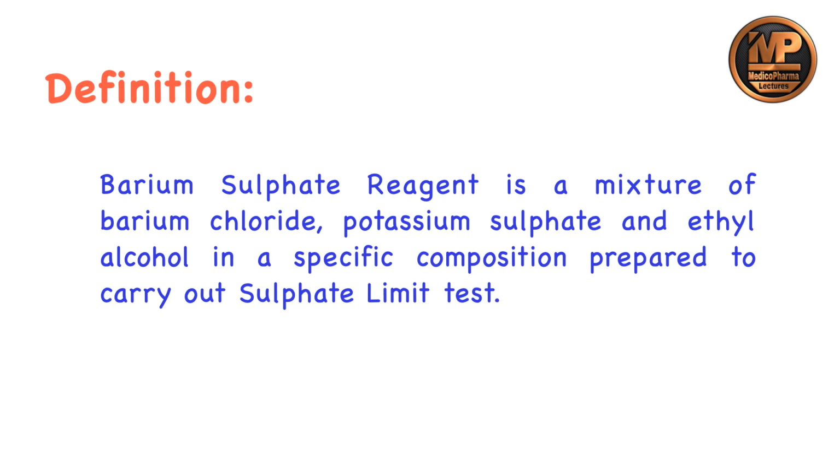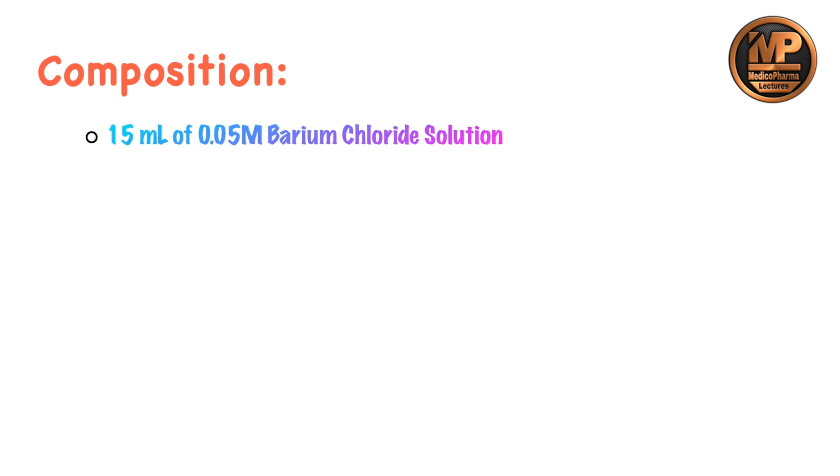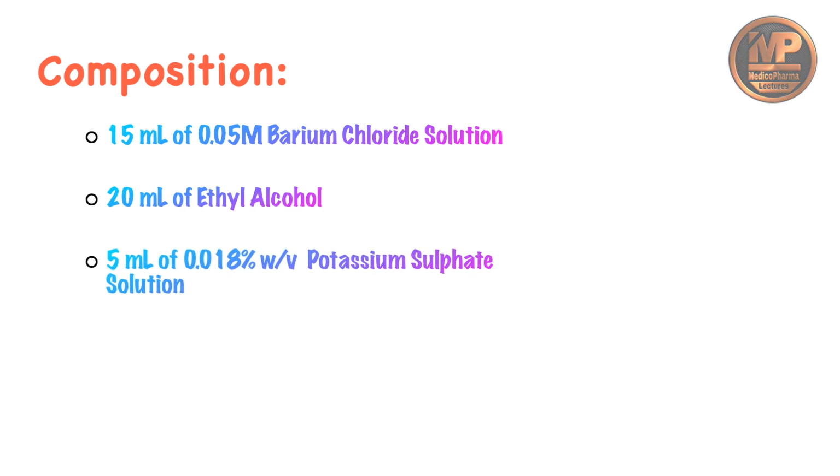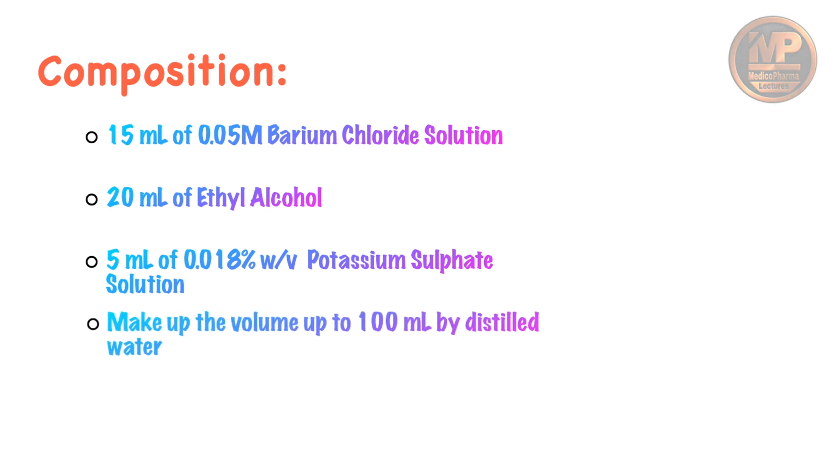Now we will see the composition of barium sulfate reagent. It comprises 15 ml of 0.05 molar barium chloride solution, 20 ml of ethyl alcohol and 5 ml of 0.018% weight by volume potassium sulfate solution, and finally the volume is made up to 100 ml with distilled water. So this is the composition of barium sulfate reagent.